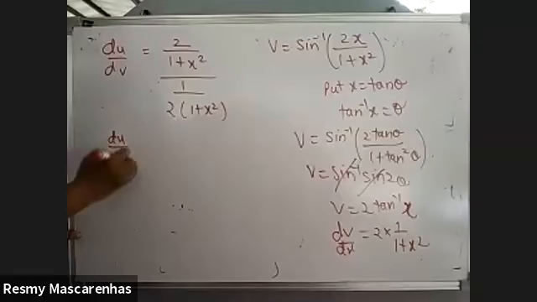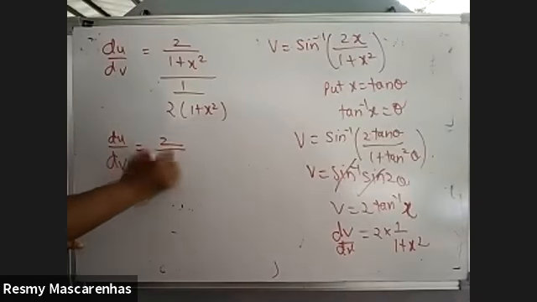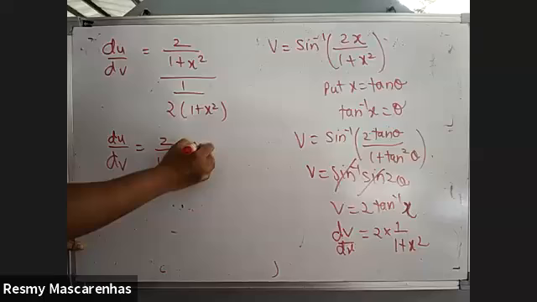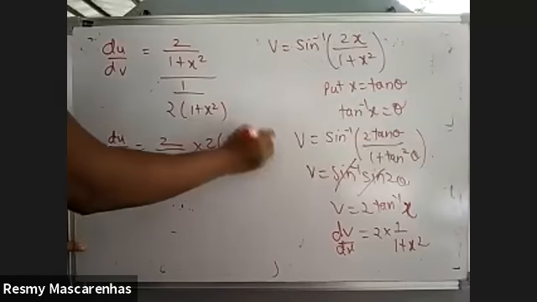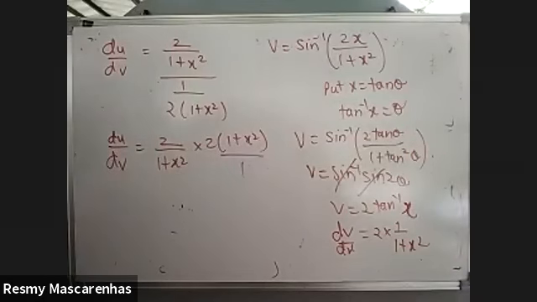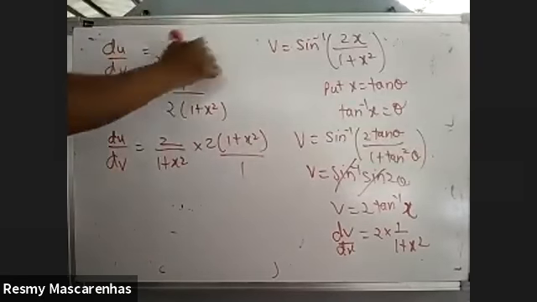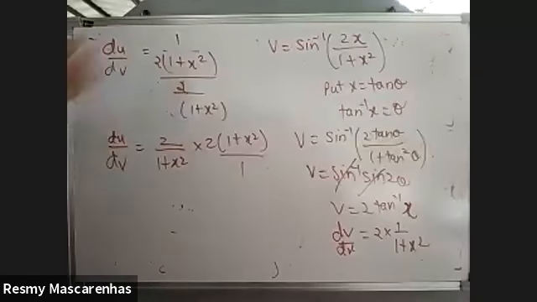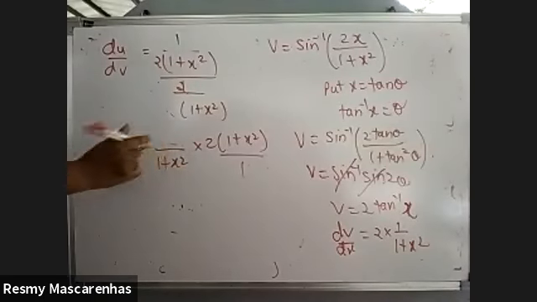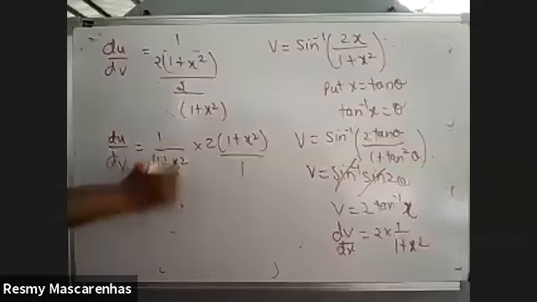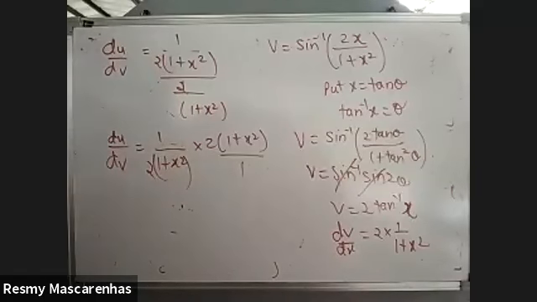So du upon dv will be 2 upon, into 2 into, like this. I did it upside down, no? This will be half, this will be 2. The first answer upon the second answer.